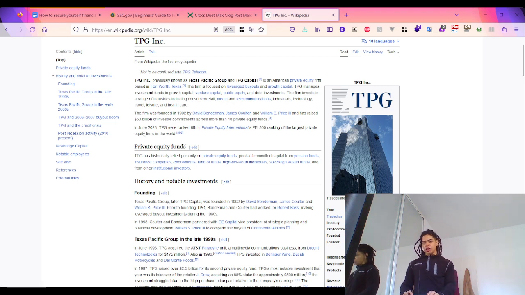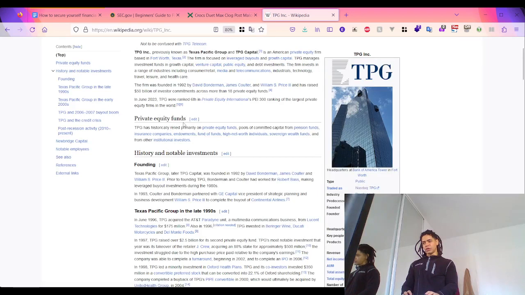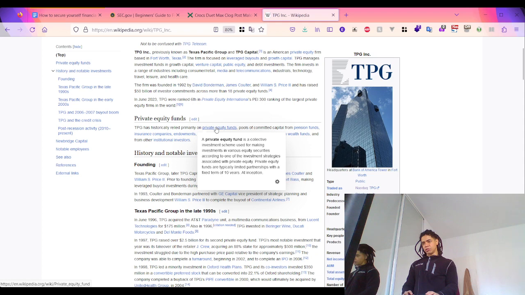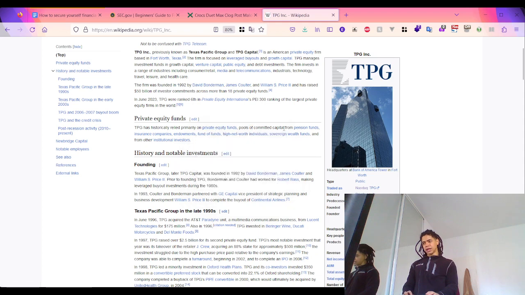And when you talk about equity, it is ownership. Equity firms is ownership. A firm that has ownership in other areas. It is the amount of ownership that this firm has over other sectors, in a variety of sectors. TPG has historically relied primarily on private equity funds, pools of committed capital from pension funds.